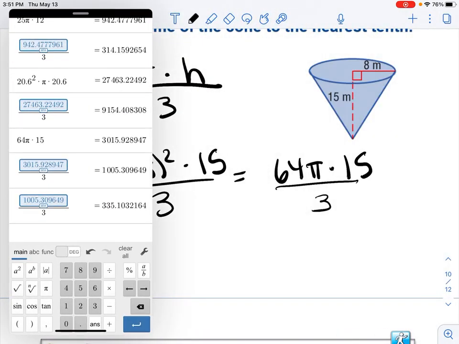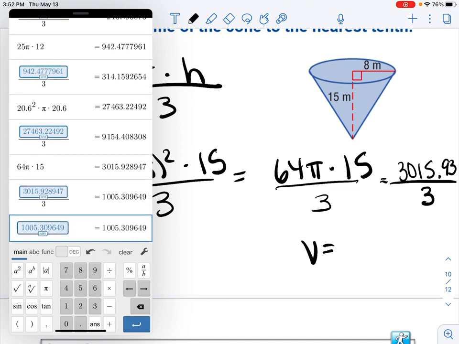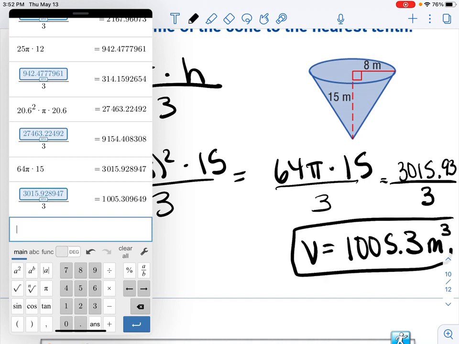So we have 64 pi times 15, 3015.93 divided by 3. And our solution then for our volume is 1,005.3 cubic meters.